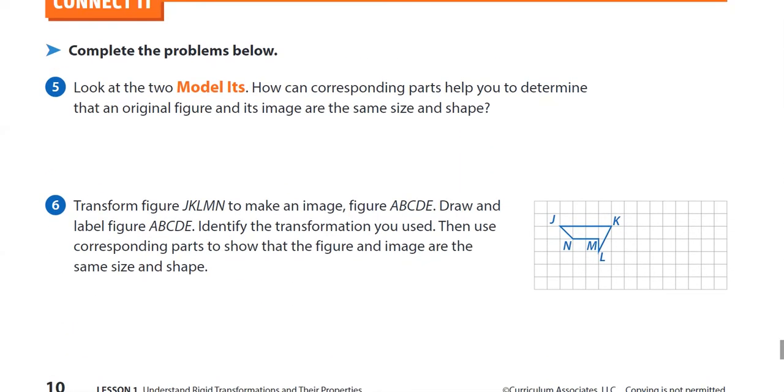How can corresponding parts help you determine that an original figure and its image are the same size and shape? Well, if they measure the same, they are the same, right?